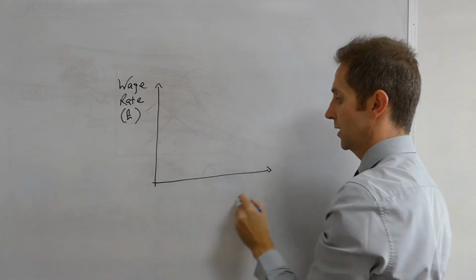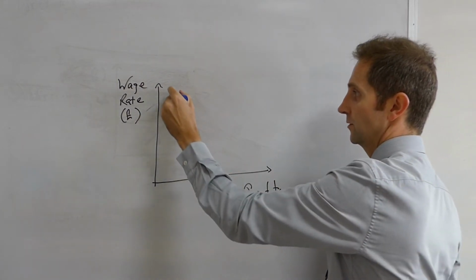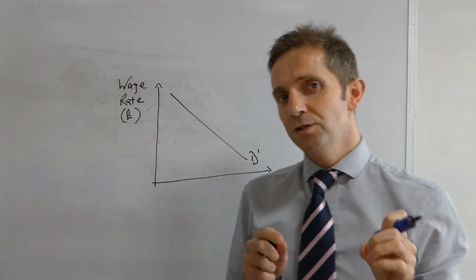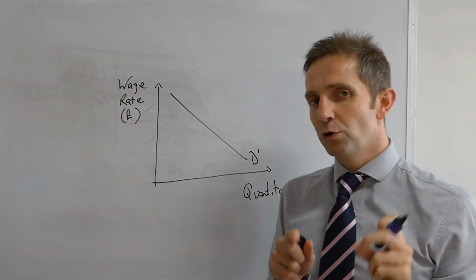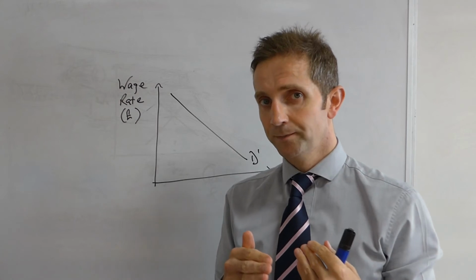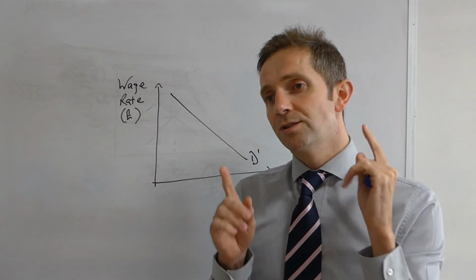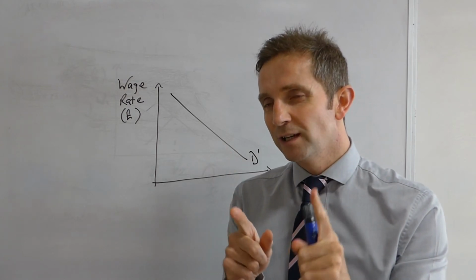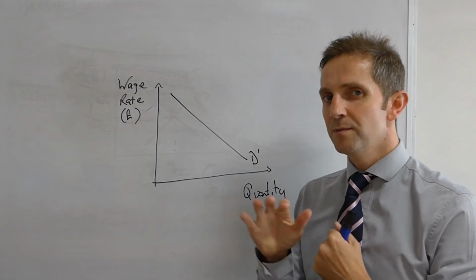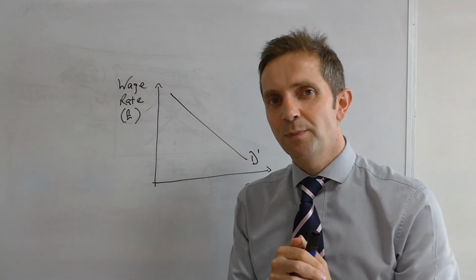So here's the wage rate and quantity, and you've got a demand curve. Now, the key thing here, and one or two of you did point this out although you didn't actually draw it, is that the supply of the unskilled worker is not only greater, but, and this is the crucial thing, sorting the top answers from the middle of the road answers, it is to do with the elasticity of supply.